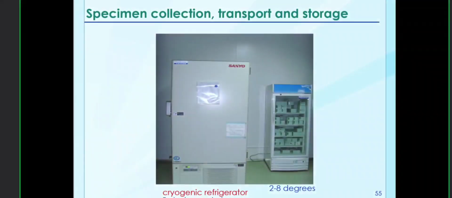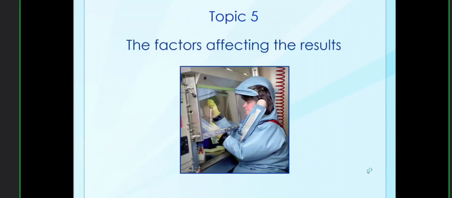So, in the hospital laboratory, we have different types of refrigerators for different samples. The temperature of this refrigerator is minus 70 degrees centigrade. This refrigerator is 2 to 8 degrees centigrade.